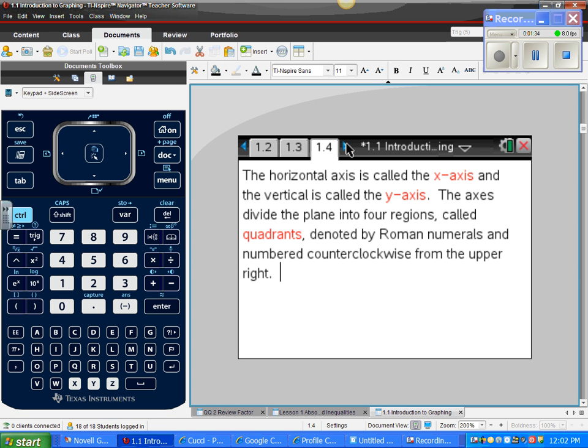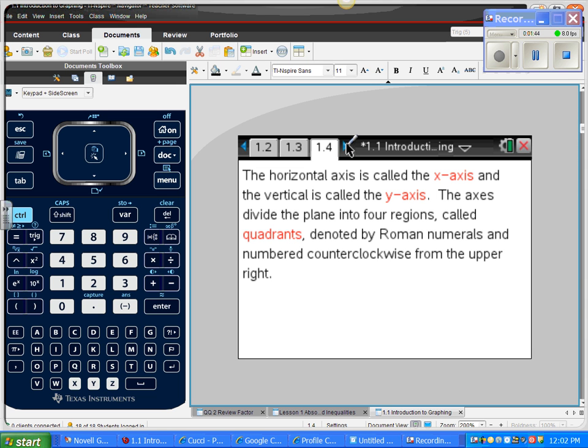The horizontal axis is called the x-axis, and the vertical is called the y-axis. The axes divide the plane into 4 regions called quadrants, denoted by the Roman numerals numbered counterclockwise from upper right around. So that would be 1, 2, 3, and 4. And again, this is review. You should know all of this.